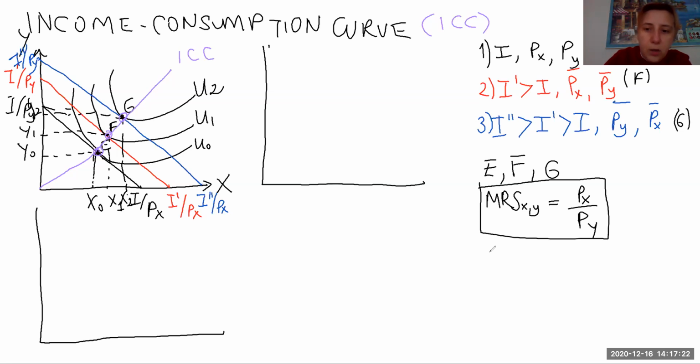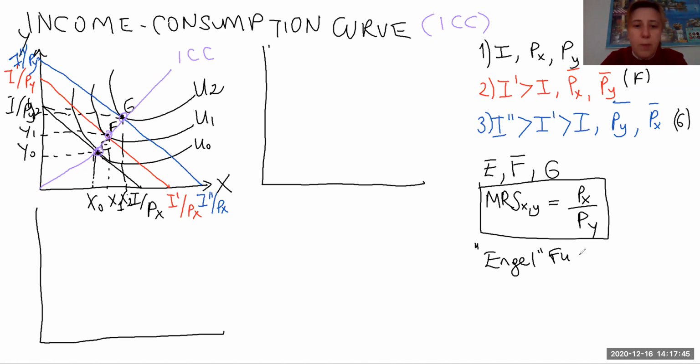The Engel function: Engel is the surname of an economist, Friedrich Engel, German economist, who studied the food demand of people and the relation related to the income of the consumers.